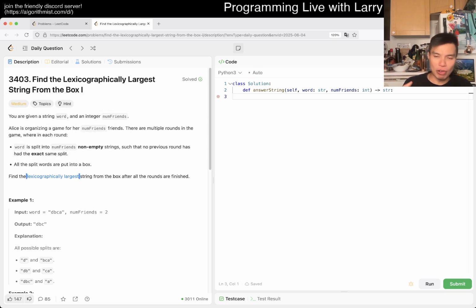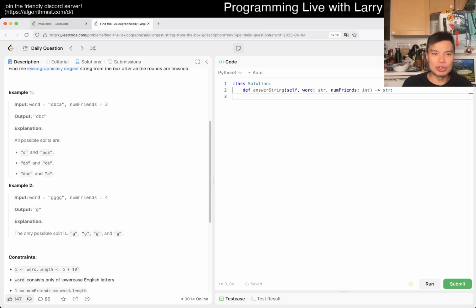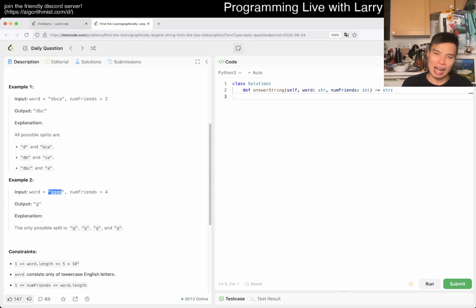If you give two strings and they both have the same prefix, you always want to take the longest one, because that's just the definition of lexicographically largest. As a result, if you have two friends, that means you remove one character somewhere. And if you have 4 friends, that means you remove 3 characters somewhere. Those are all equivalent things.